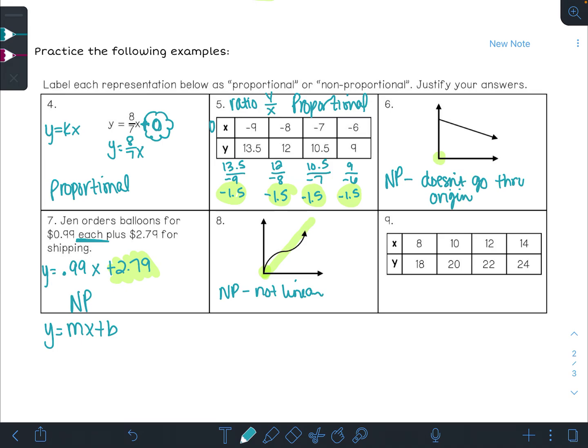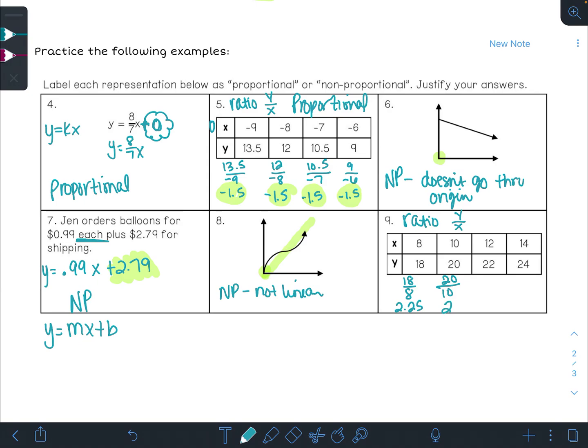Now for number 9, again, we have to check that ratio of y to x. So I'm going to do 18 over 8, which gives me 2.25. I'm going to do 20 over 10, which gives me 2. So already I know that this is going to be a non-proportional situation because it doesn't have a constant rate of change.